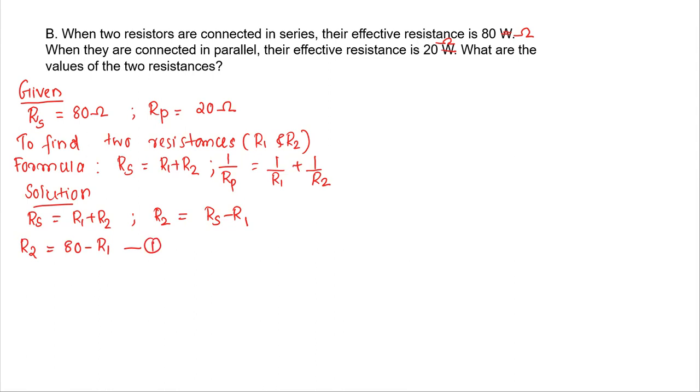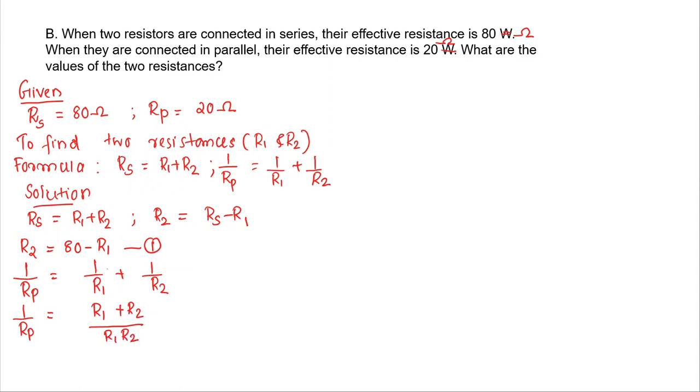Now for parallel, it is given: 1 upon RP formula we know, 1 upon R1 plus 1 upon R2. Here take the LCM first. So it will become 1 upon RP is equal to R1 plus R2 upon R1 R2.